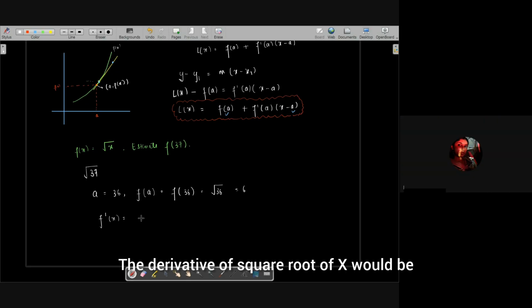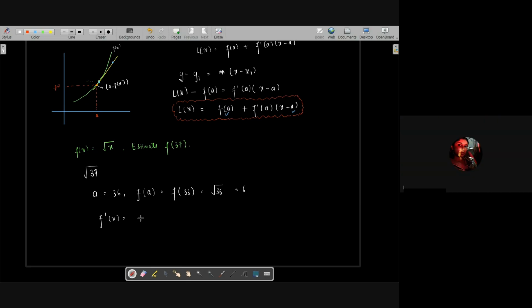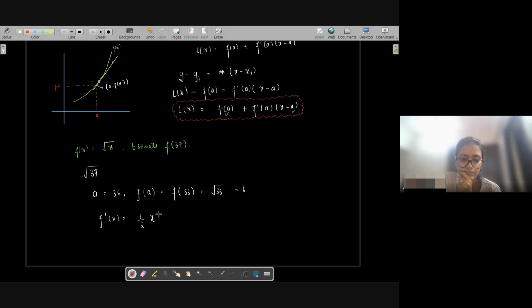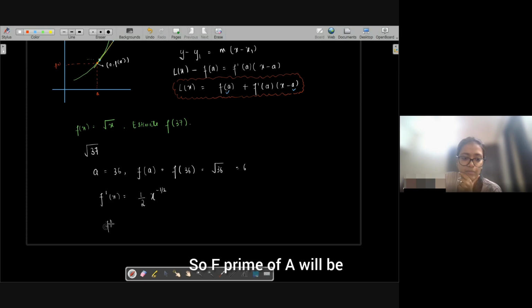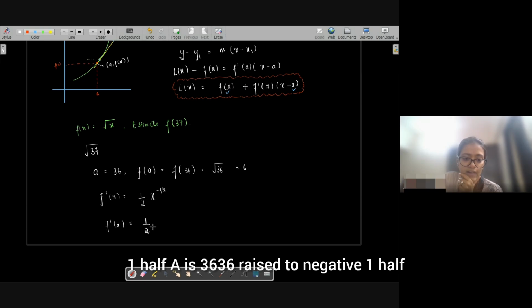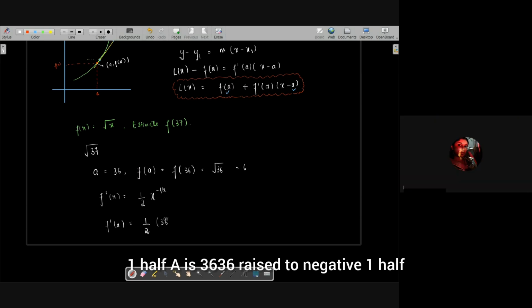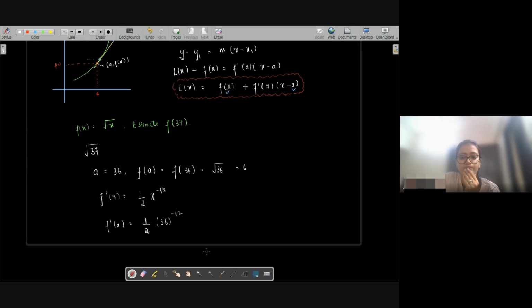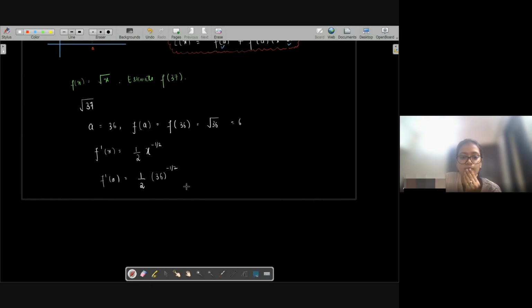The derivative of square root of x would be 1/2 x raised to minus 1/2. So f prime of a will be 1/2, a is 36, 36 raised to negative 1/2. So we can write this as 1/2 times 1 over 36 raised to 1/2.